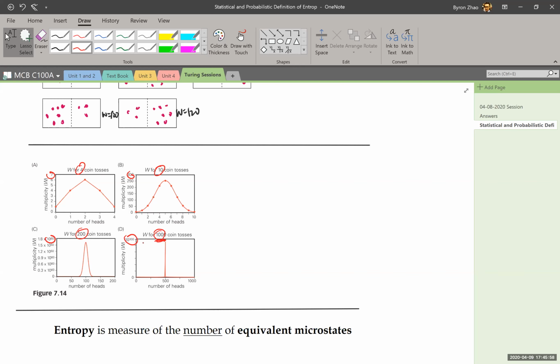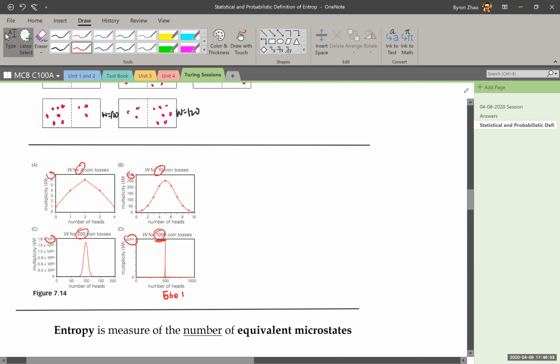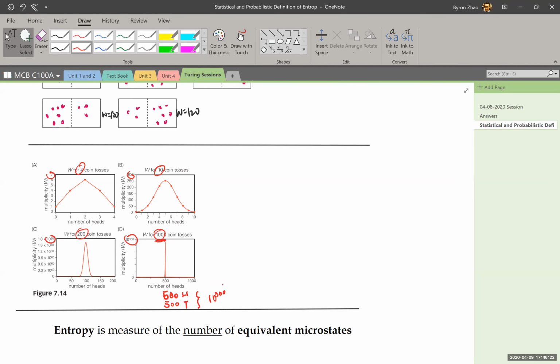And that macro state of 500 heads and 500 tails has the most number of ways to be achieved. You have 10 to the 300 different ways to achieve that macro state. And statistically speaking, it is more likely to happen.